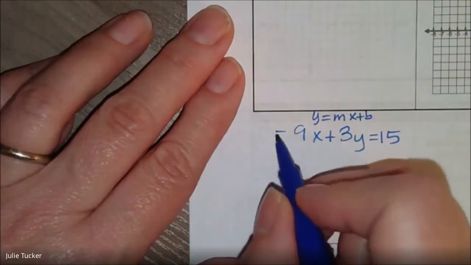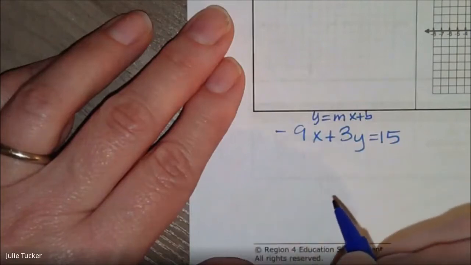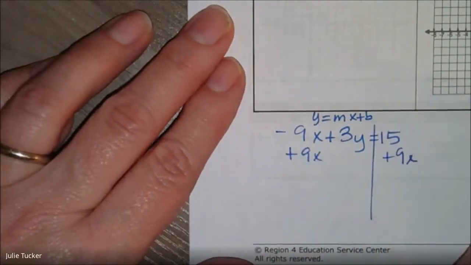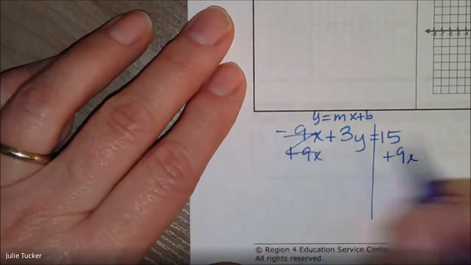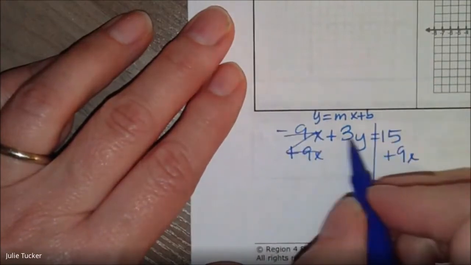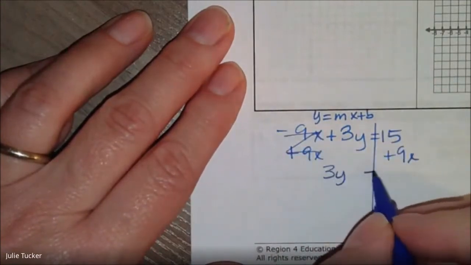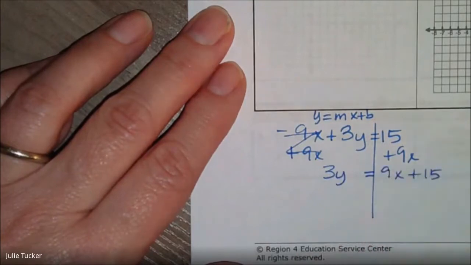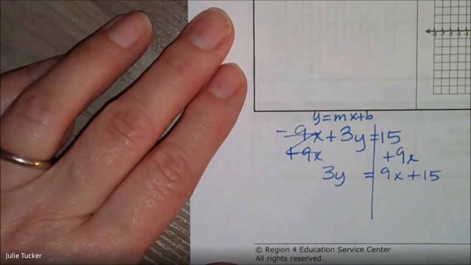So we have to do the opposite of negative 9. Good. So then that cancels. And we have 3y equals 9x plus 15. Now what?